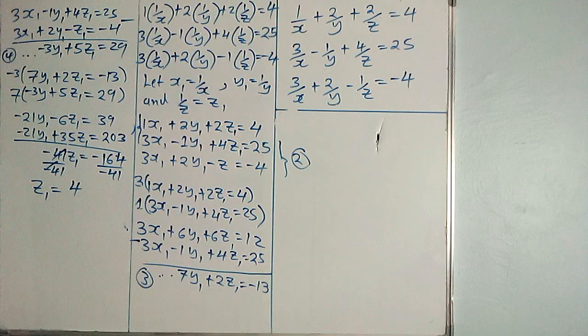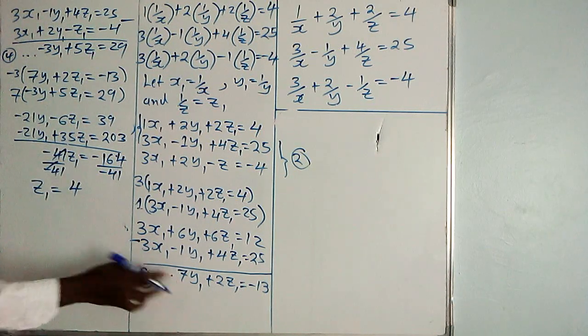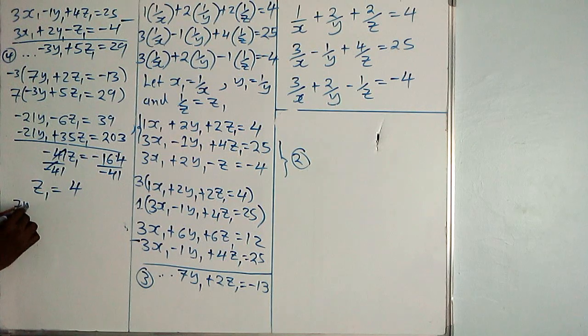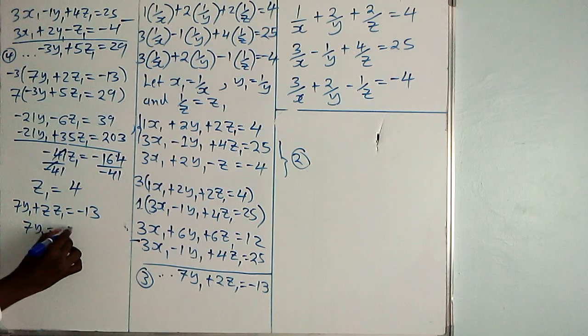Are we together? Having found z1, you use either equation 3 or 4 to get y1, isn't it? Are we clear there? So here, if we use equation 3, 7y1 plus 2z1 is equals to negative 13. So it means 7y1 is equals to negative 13 minus 2z1, if you take plus 2z1 to the other side of the equation, isn't it?